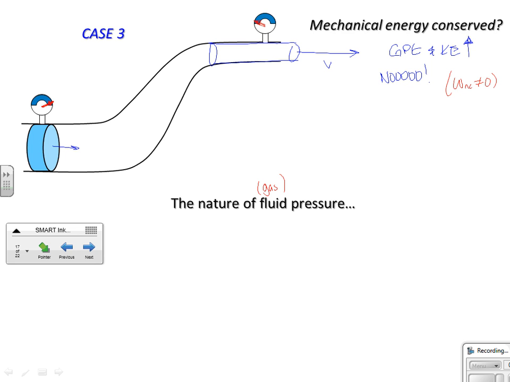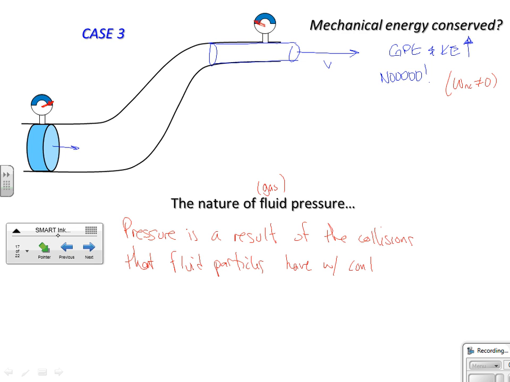Gases exert pressure on the walls of the containers that contain them because pressure is the result of collisions that fluid particles have with container walls.